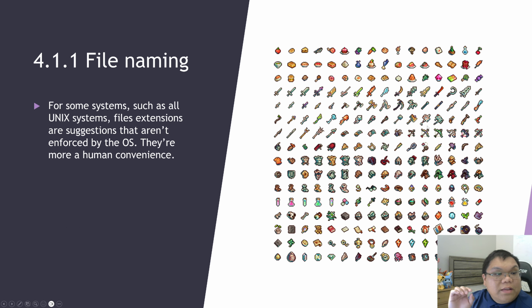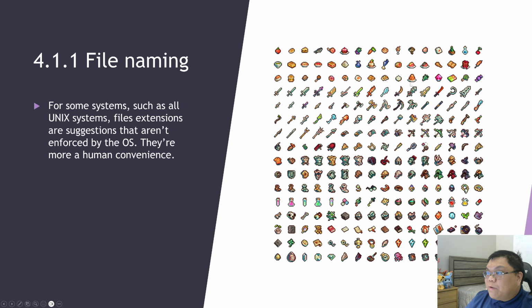For some systems, such as all Unix systems, file extensions are just suggestions. The system does not know or care about what the information is or what it's even for. They're just there as a human convenience.